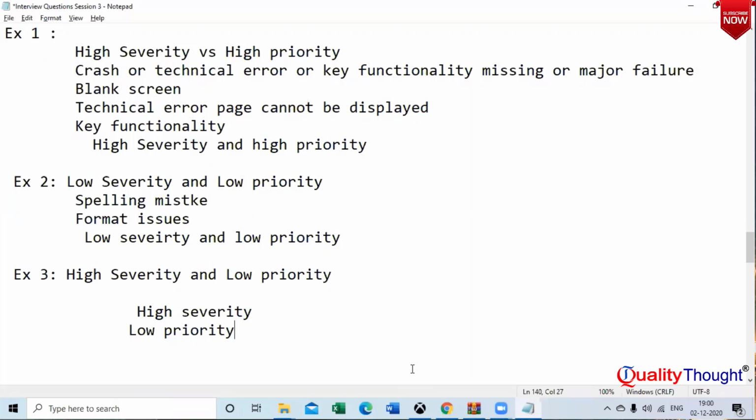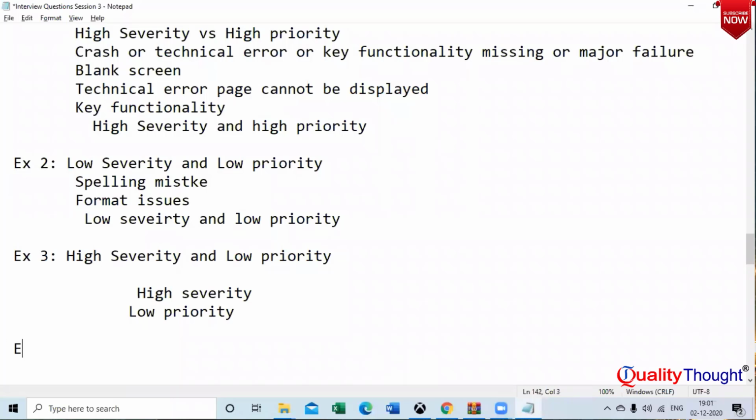In the document, instead of writing 5 acres and 50 square yards, they have written 5 acres or 50 square yards, 'or' instead of 'and', in a legal document. The entire meaning will change. Even though we can easily correct it, it's legally binding, so it's a critical severity, low priority.